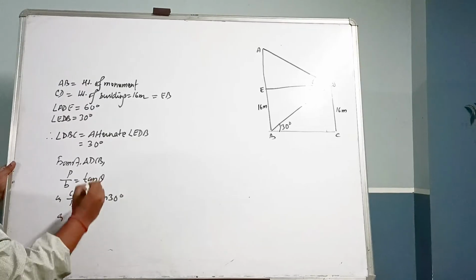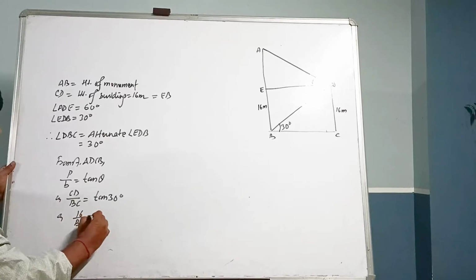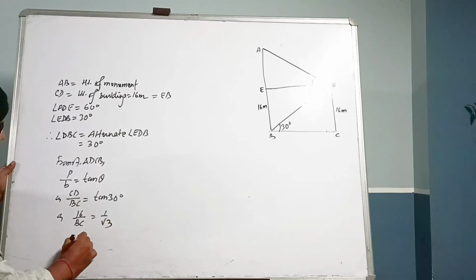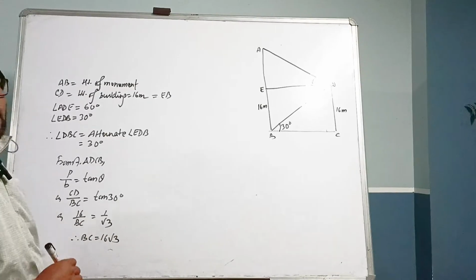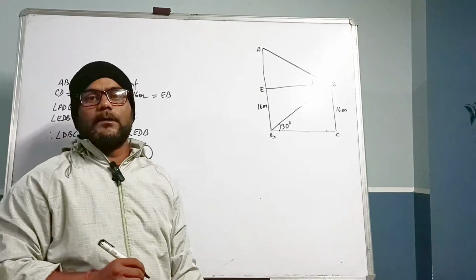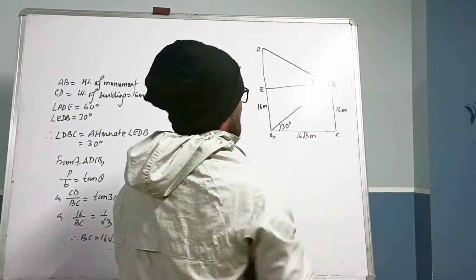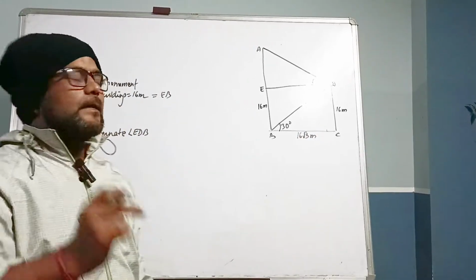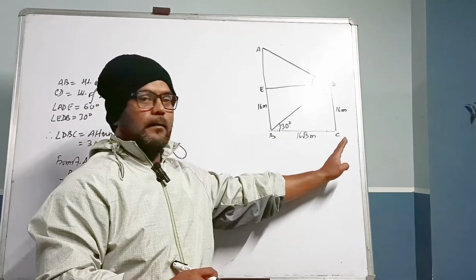The value of CD is 16, and tan 30 means 1 by root 3. So we got the value of BC as 16 root 3 meter. 16 root 3 meter is the distance between the monument and the building.